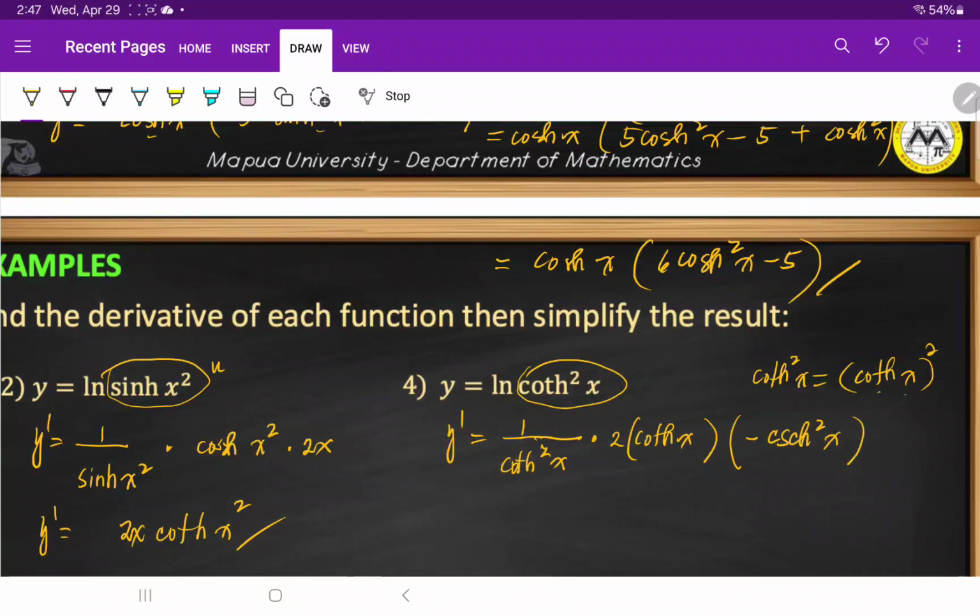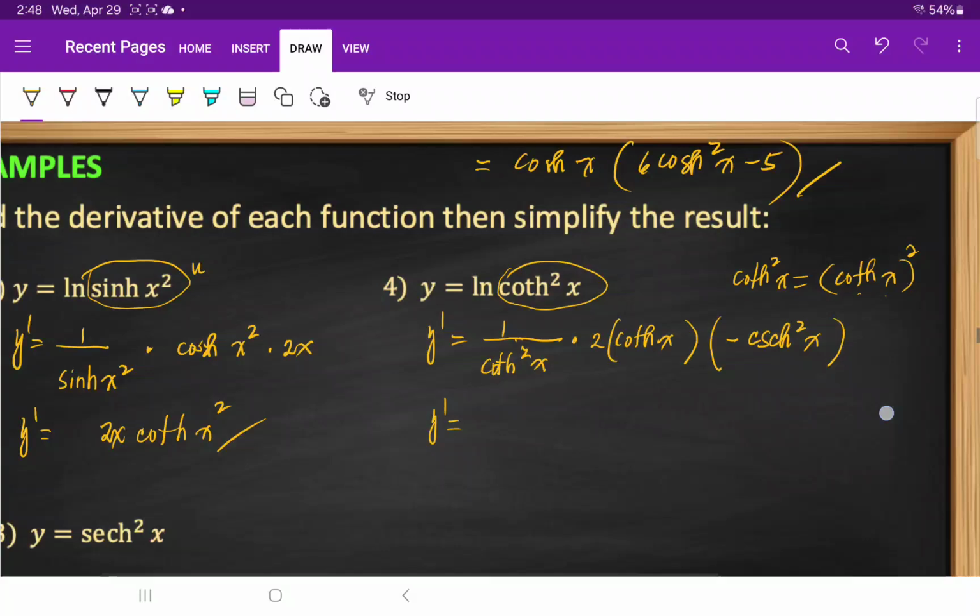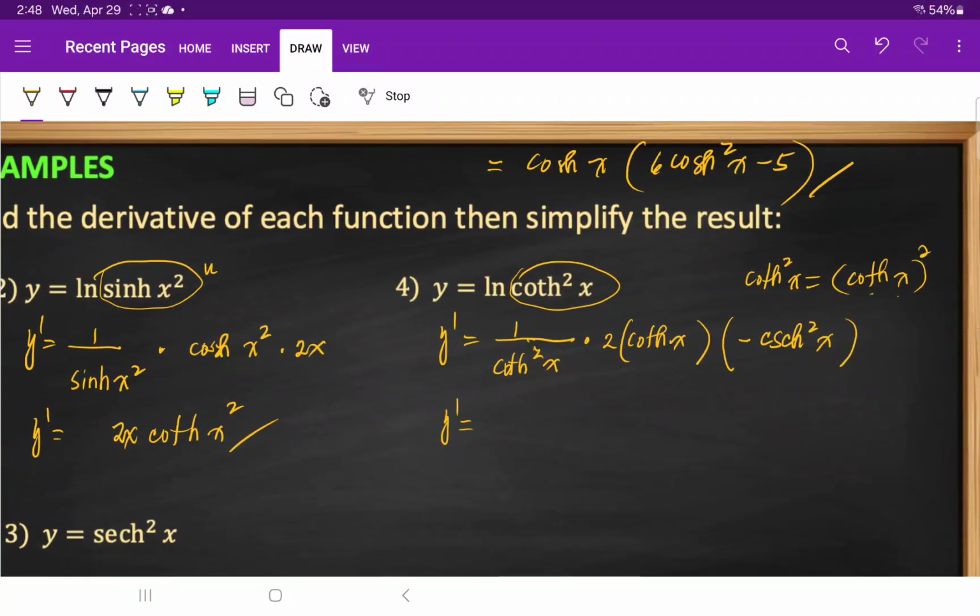So if we simplify, we can use expressing cosecant in terms of cotangent. But we can also use the definition of hyperbolic cotangent, which is hyperbolic cosine over hyperbolic sine.